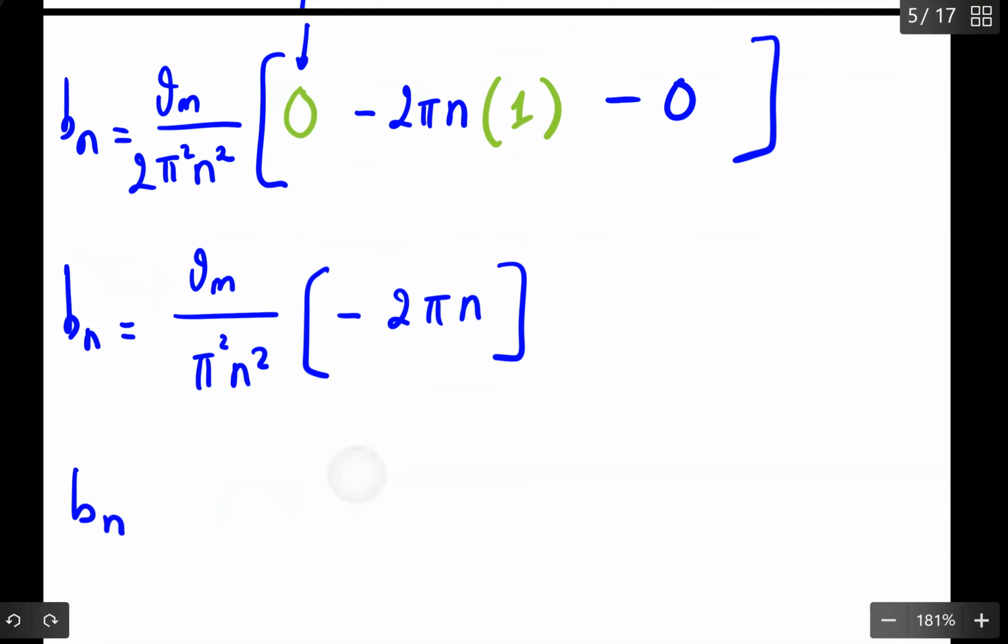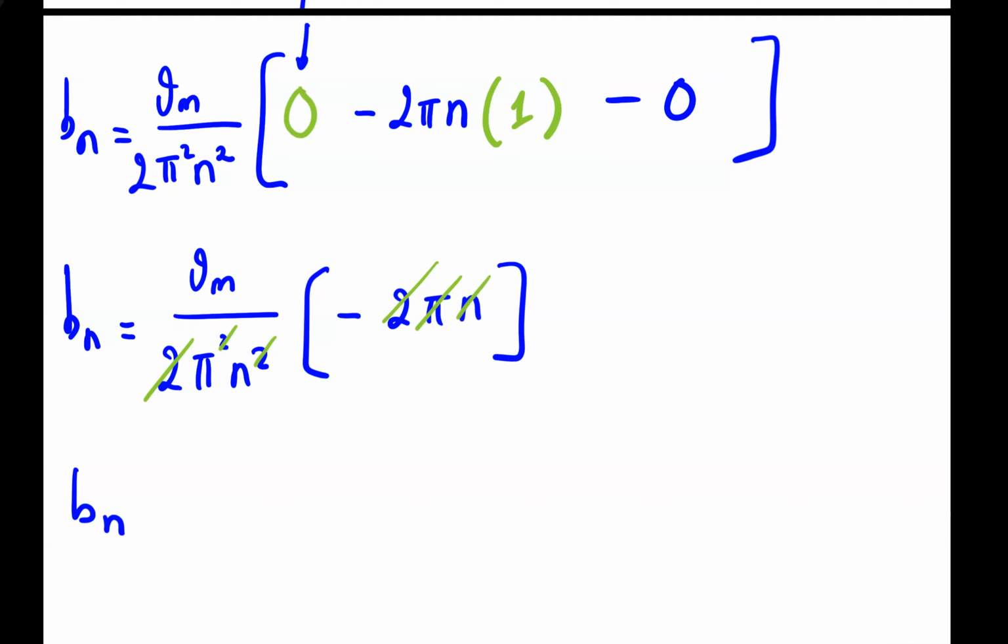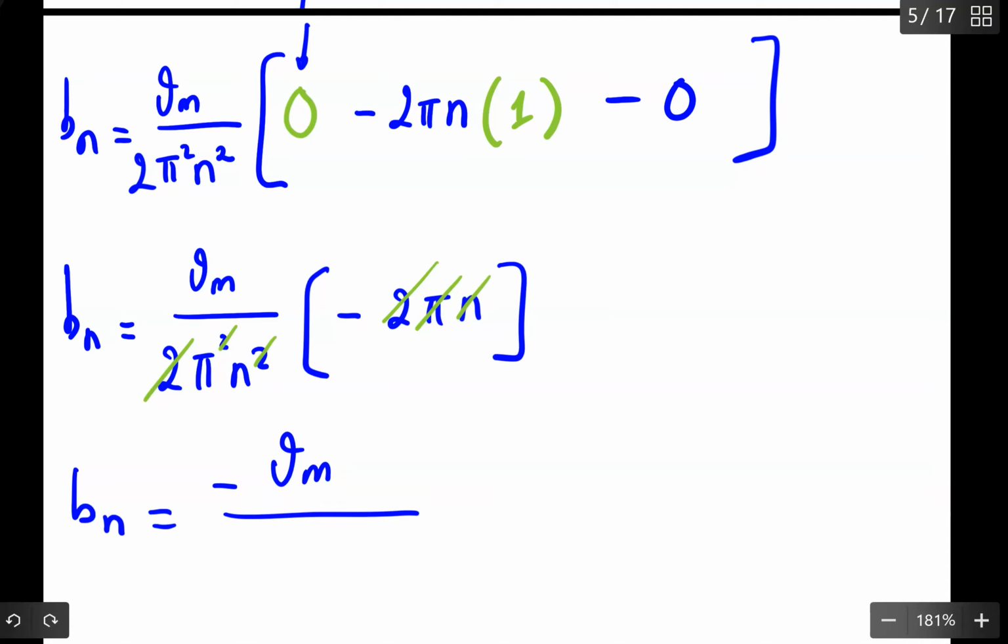And I should write the 2 here. Now I'm going to cancel the 2 with this 2, this n with this n, this pi with that one. And in the end, I should have minus V max divided by pi times n.